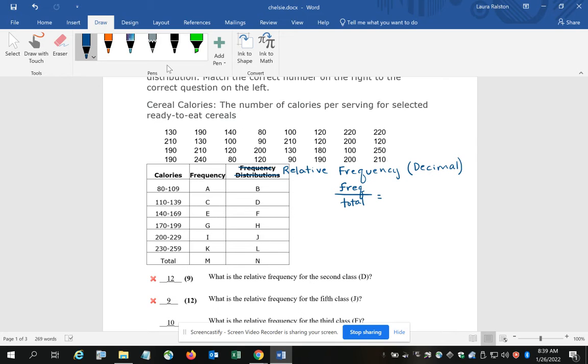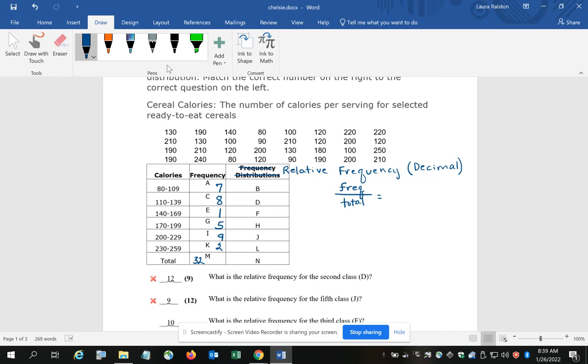Again, I went ahead and did the numbers here to shorten the length of the video. So there are 7 values between 80 and 109, 8 values between 110 and 139, 1 between 140 and 169, 5 between 170 and 199, 9 between 200 and 229, and 2 between 230 and 259, which gives us a total of 32 values.